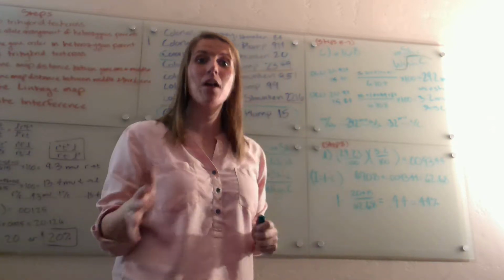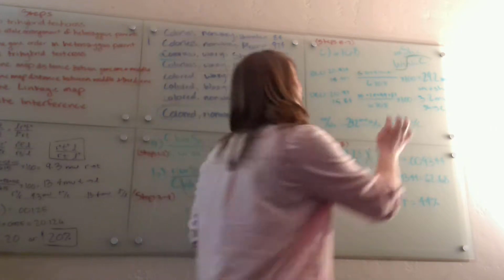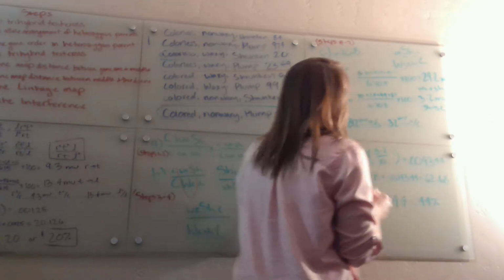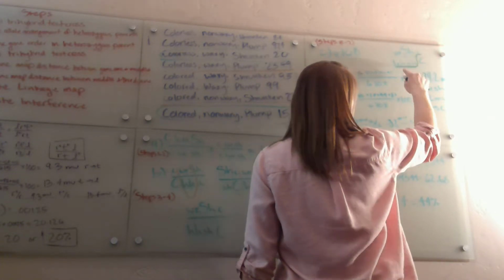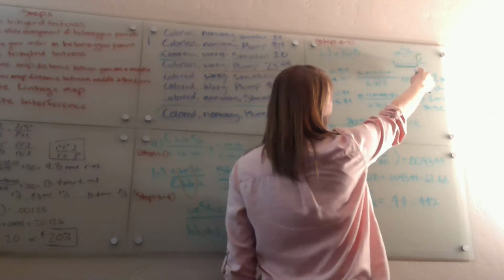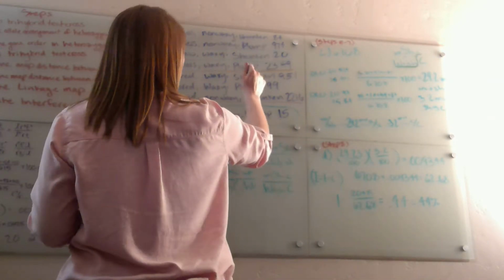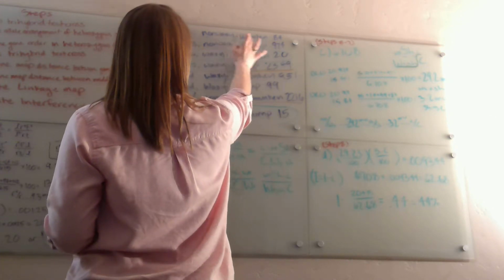All right, so now let's calculate the distance between SH and C. So what we're going to do is the same thing, but in reverse. So we're going to grab the C up here, and then come down and grab the SH and WX. So we're looking for non-waxy, shrunken, and colorless.